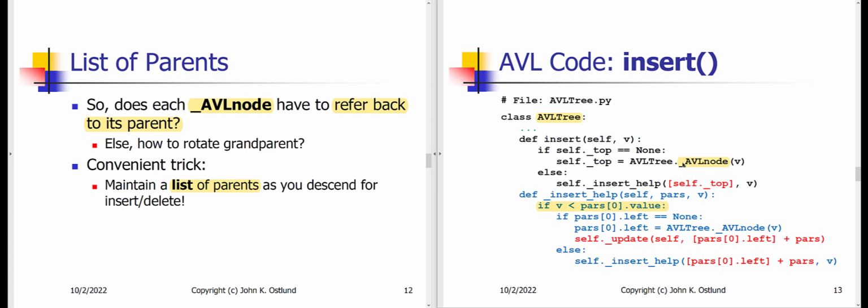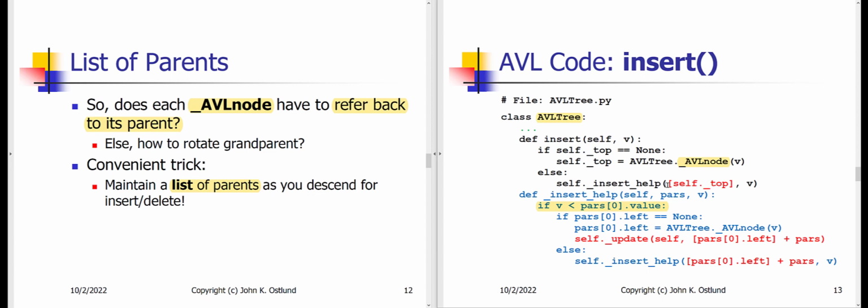Now, if there's already a node in the tree, however, so that self.top is not None, we're going to drop down and call our recursive helper function. And notice what we've changed. Instead of just passing self.top as the current node, we're passing a list containing self.top as the list of all the ancestors of the node that we plan to insert.